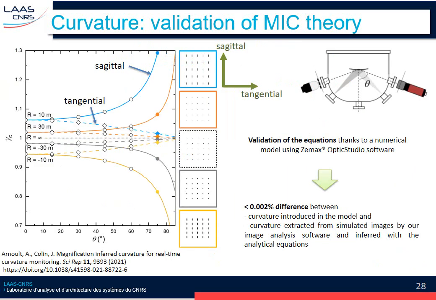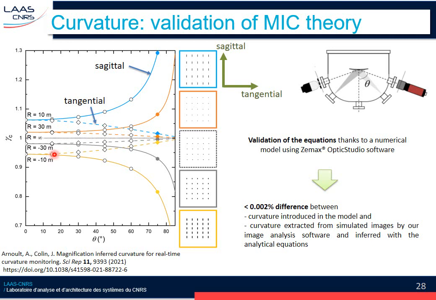We did some simulations in various geometric configurations. We changed the angle theta or the radius of curvature, so the angle theta is here. And you can see here a plot of the magnification captured by the camera as a function of theta for different radii of curvature. And the lines are the analytical model, plain lines for sagittal direction and dashed lines for tangential direction.